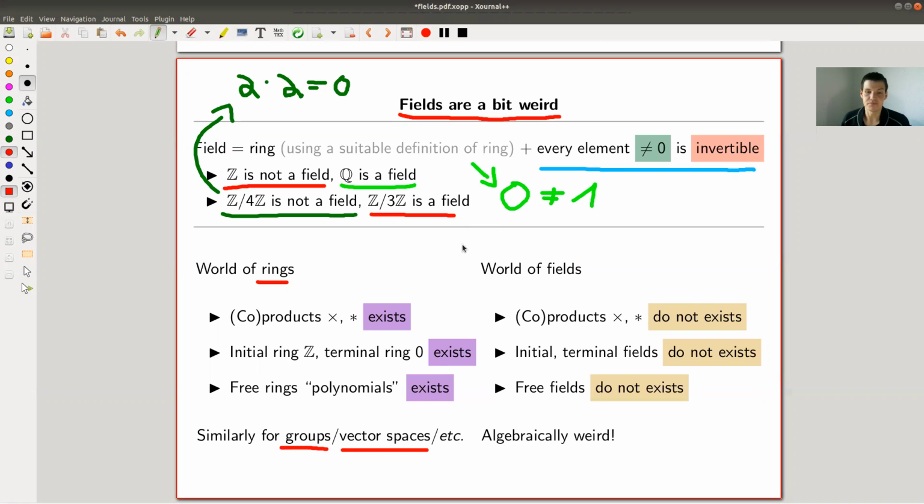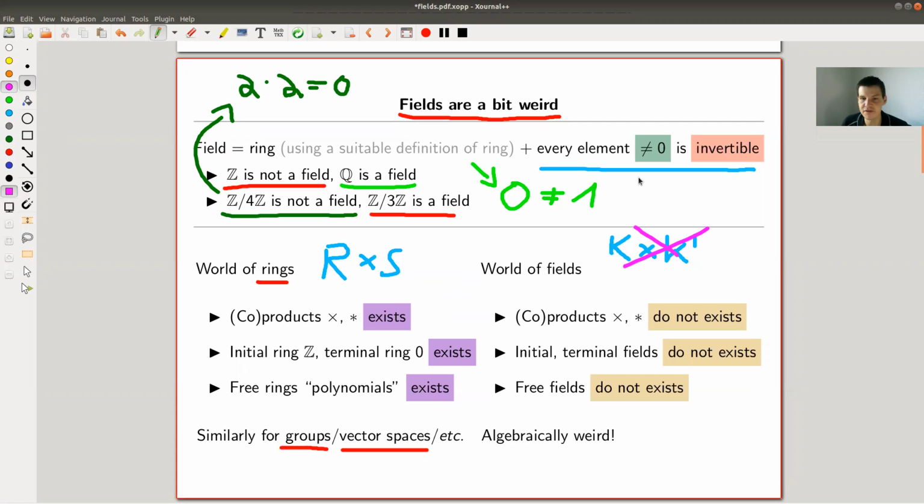And you would realize that, for example, products exist in rings. If you have a ring R and another ring S, then you can do a tuple construction and you get another ring R cross S. You can't do that for fields. If you have a field K and a field K prime, then this is usually not a field.